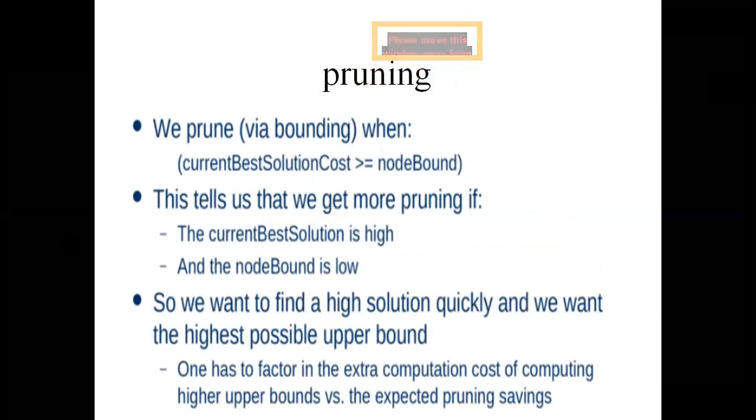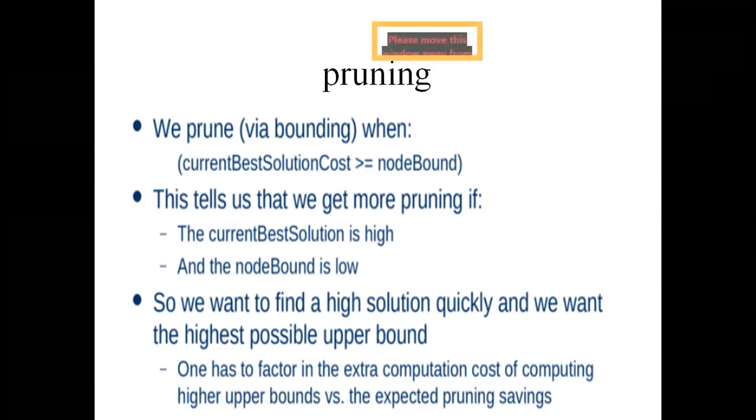Okay, we prune, we cut the tree, the state space tree, at a particular branch, a particular subset. We prune via bounding when the current best solution cost is greater than or equal to the node bound.